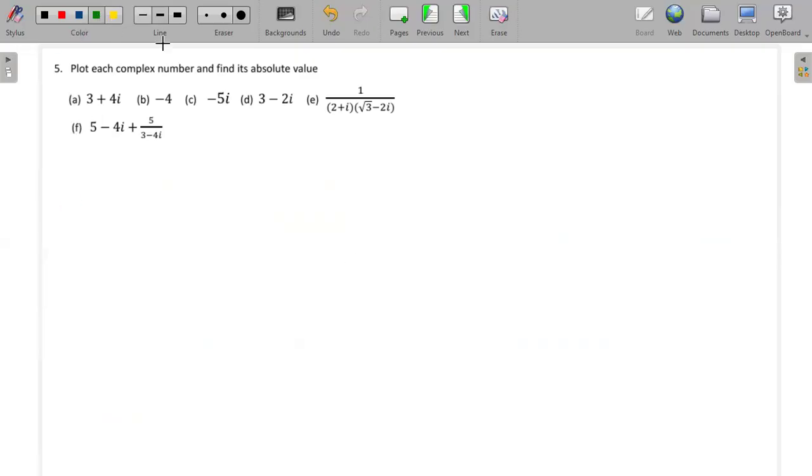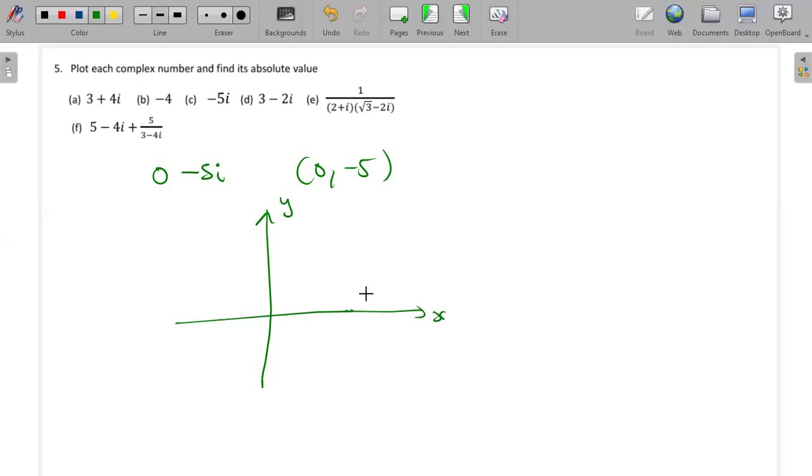Next one, we have -5i. So -5i means that our real part is 0, meaning we're plotting the point 0, comma -5 there. So you get y, and you have x there. So in the x, we're moving 0, but in the y, 5. So let's say -5, so it's down here. So let's say our -5 is there.